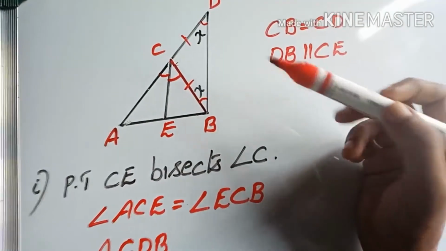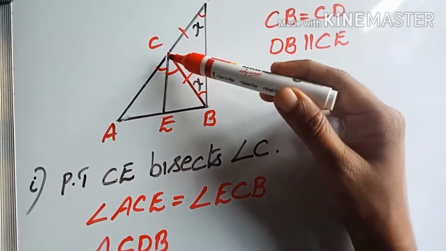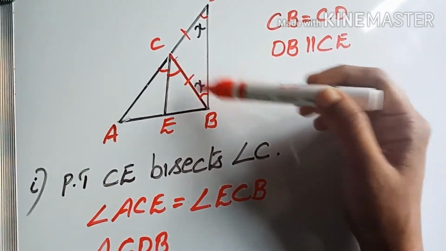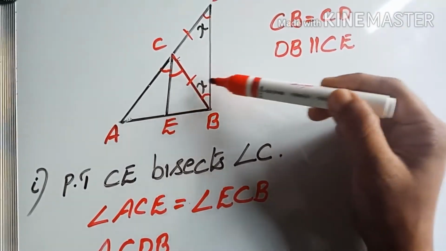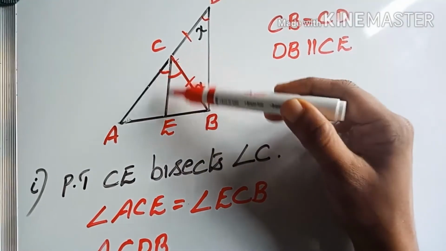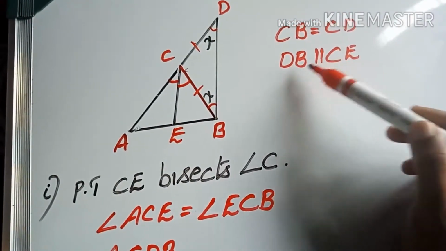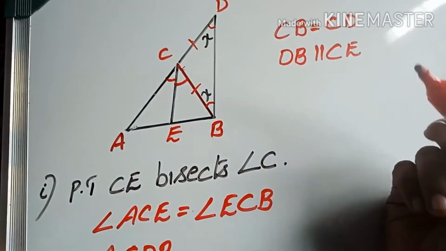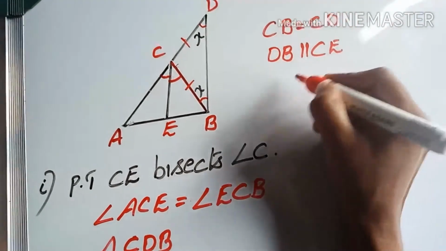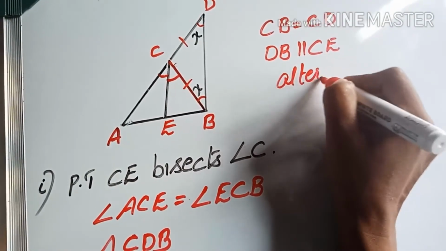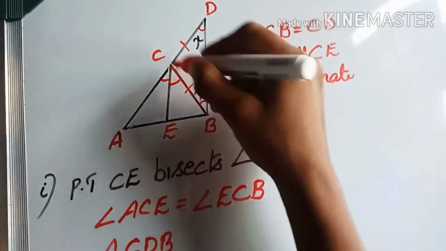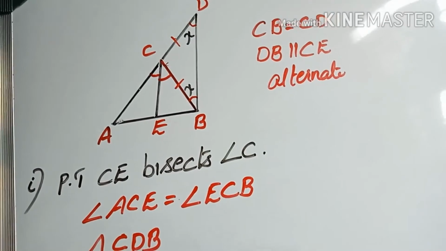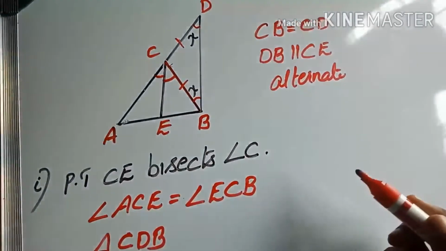Now we know CB is joining these two parallel lines. CE and DB are parallel lines. So for parallel lines we can apply the alternate angle concept. What is the alternate angle concept? This forms a Z, so the Z rule.